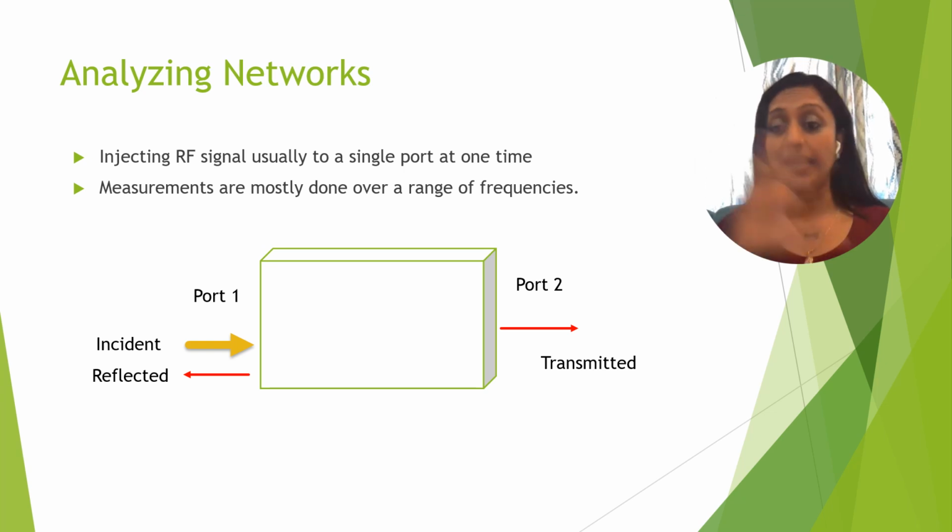This analysis can be done for a wide range of frequencies, RF, microwaves and everything. At port 1, there is an incident energy which could be transmitted through port 2, or it could be reflected back from port 1 itself.